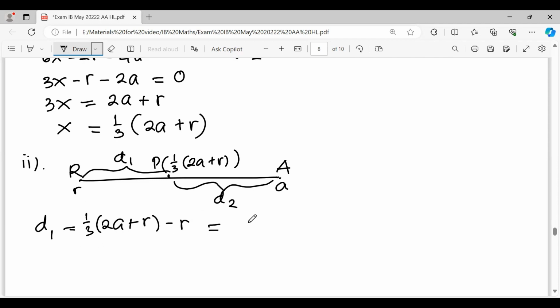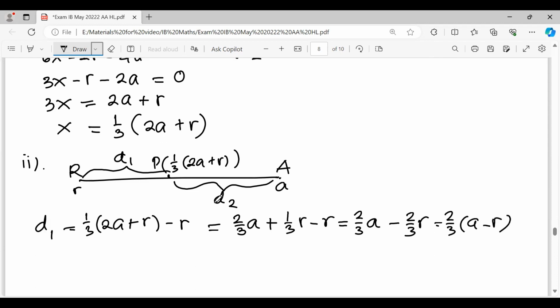So we gain 2/3 a plus 1/3 r minus r, which becomes 2/3 a minus 2/3 r, or 2/3 (a minus r).